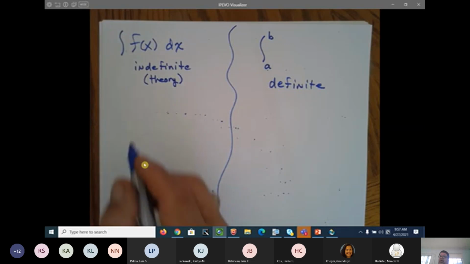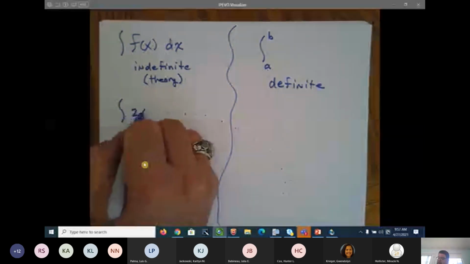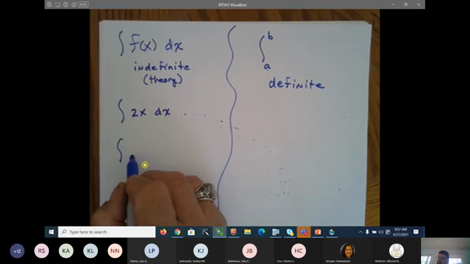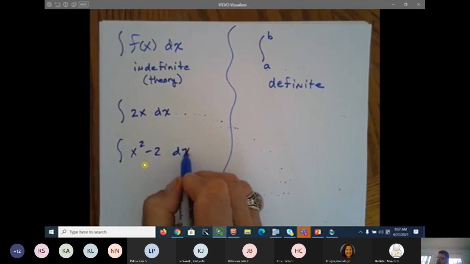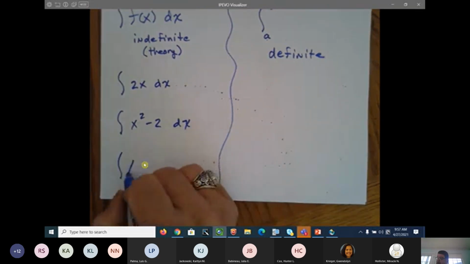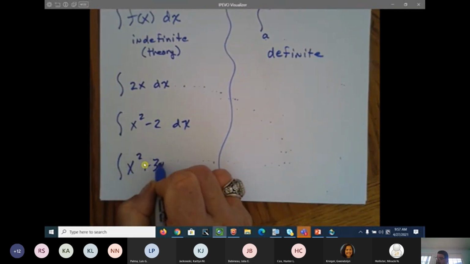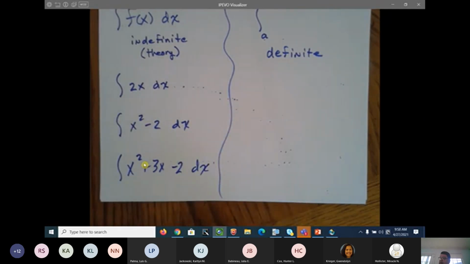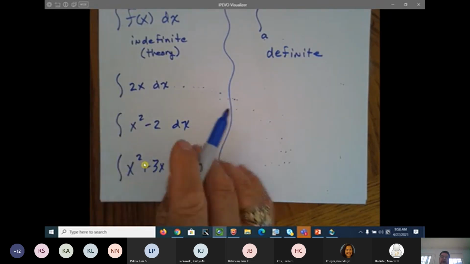Okay, that's the antiderivative of 2x. Antiderivative of x squared minus 2 dx. The antiderivative of x squared plus 3x minus 2 dx. Those are all indefinite integrals.